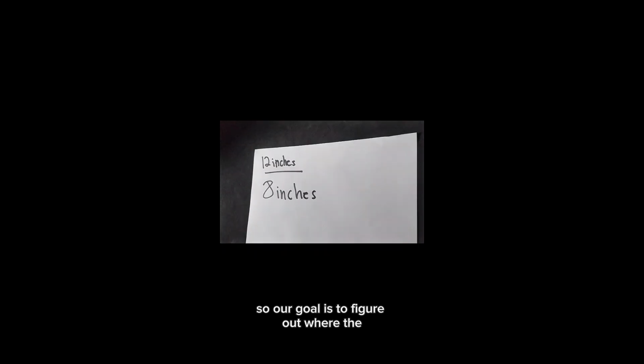Our goal is to figure out where to place the light source so that the beam is focused and travels parallel to the paraboloid's axis. To do that, we need to use properties of a paraboloid.